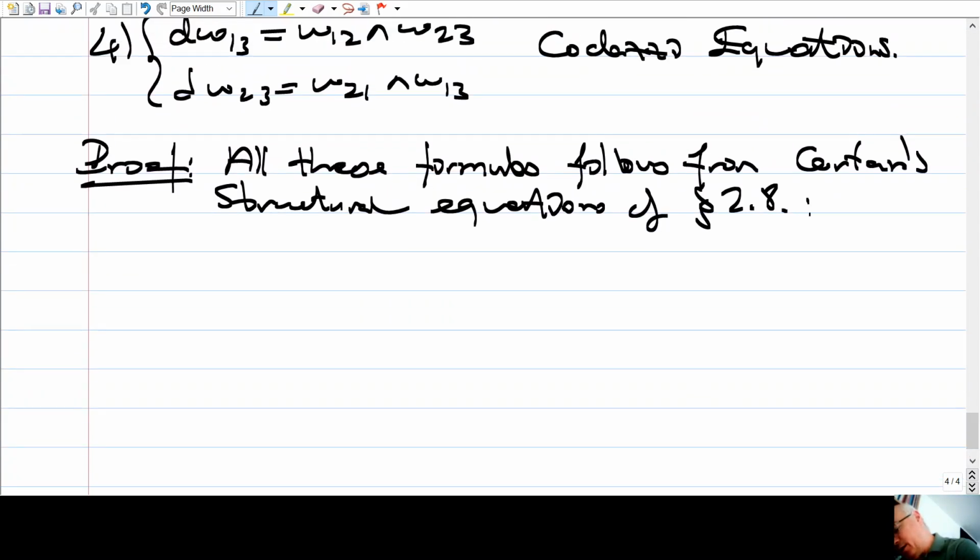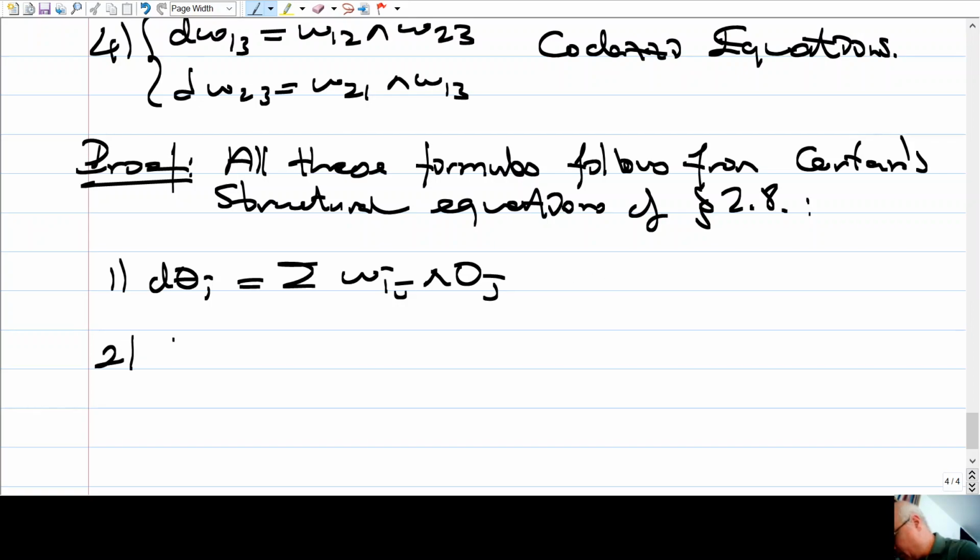What were they? Remember, we had d theta i equals the sum over j of omega ij wedge theta j, and the second one was d omega ij equals the sum over k of omega ik wedge omega kj.